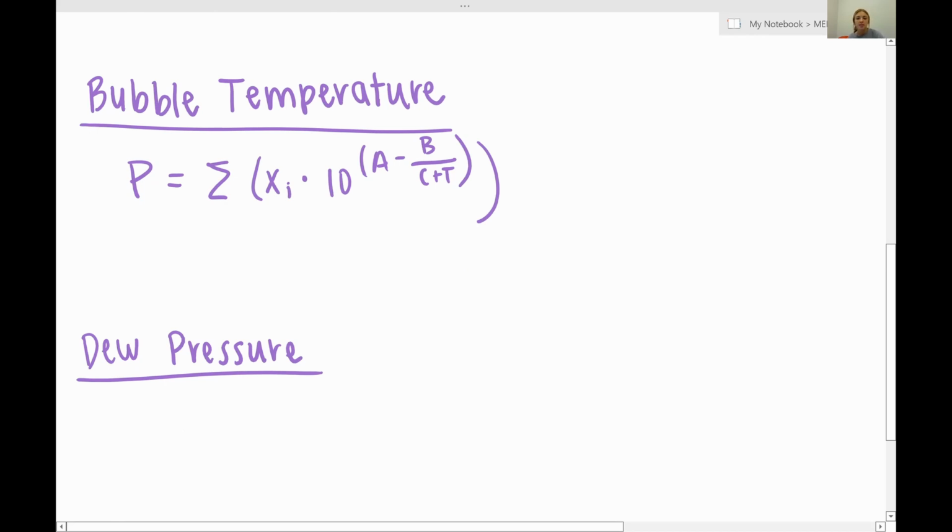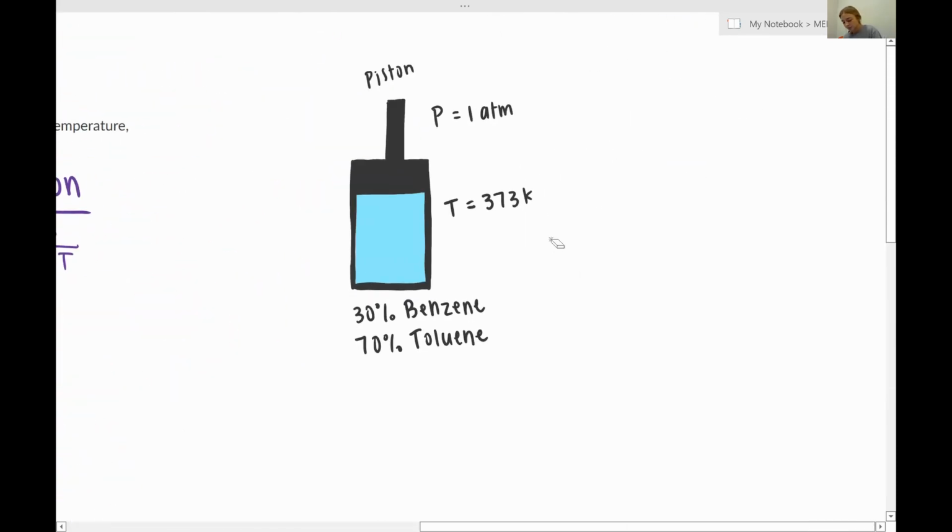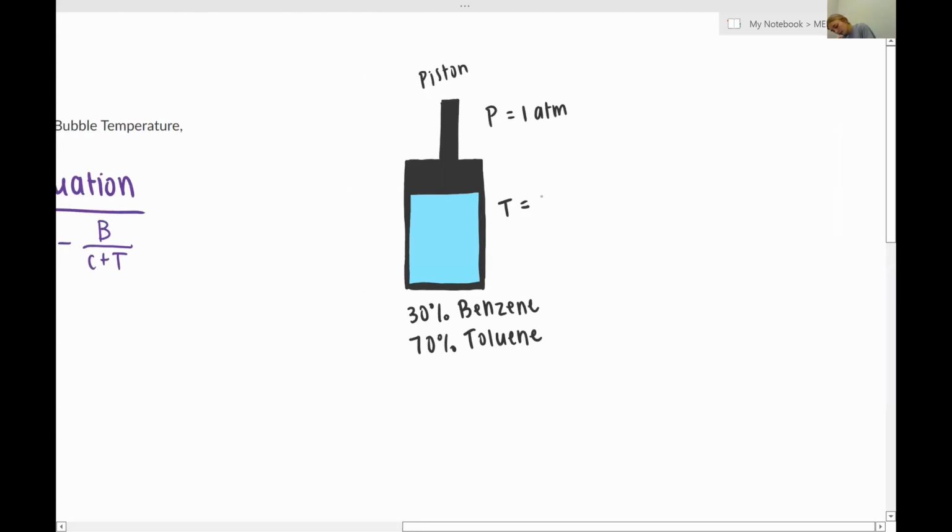So dew pressure is going to be the pressure at which the first drop of liquid is going to form from a mixture of gases at a given temperature. So if we look back over at our diagram over here, I'm going to change this to 400 Kelvin, because this temperature is going to be higher than the boiling point of our least volatile component.